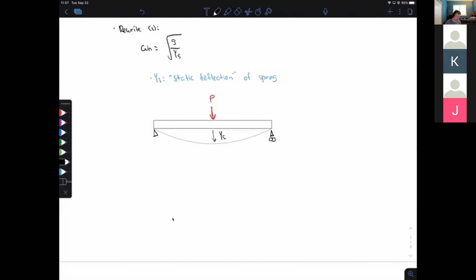Okay, and then we'll also say that the loading here is going to represent the total weight of the system.